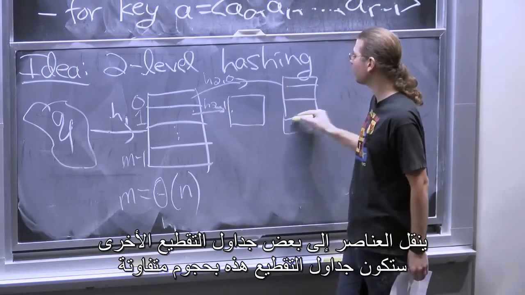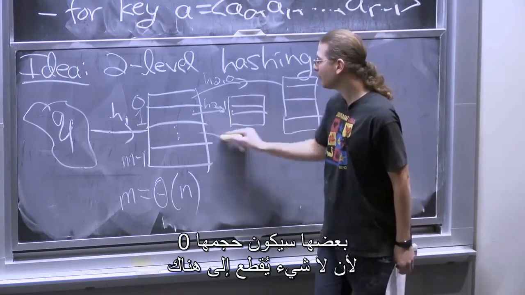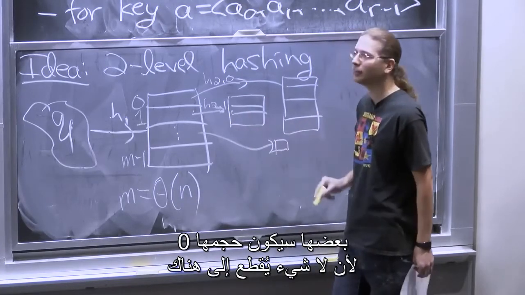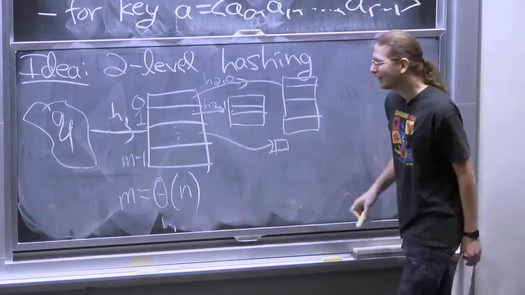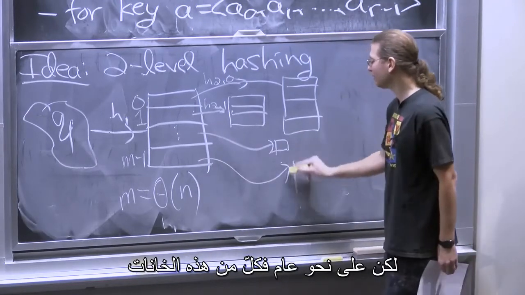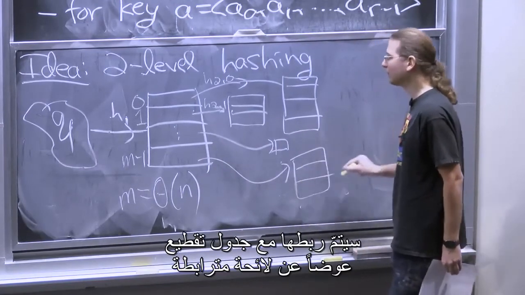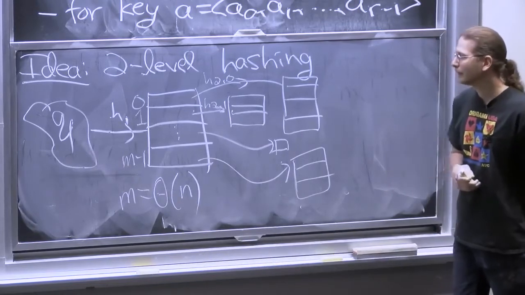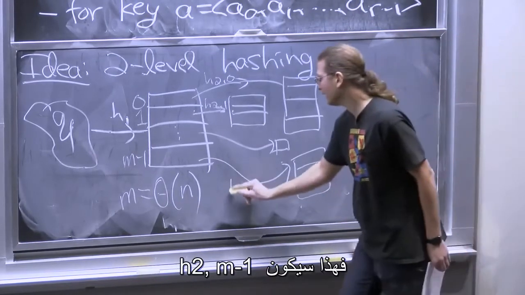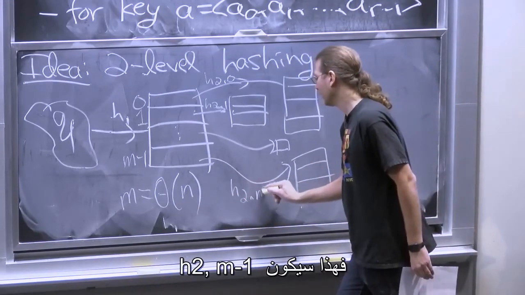These hash tables are going to be of varying sizes. Some of them will be of size 0 because nothing hashes there. But in general, each of these slots is going to map, instead of to a linked list, to a hash table. So this would be h2,m-1.